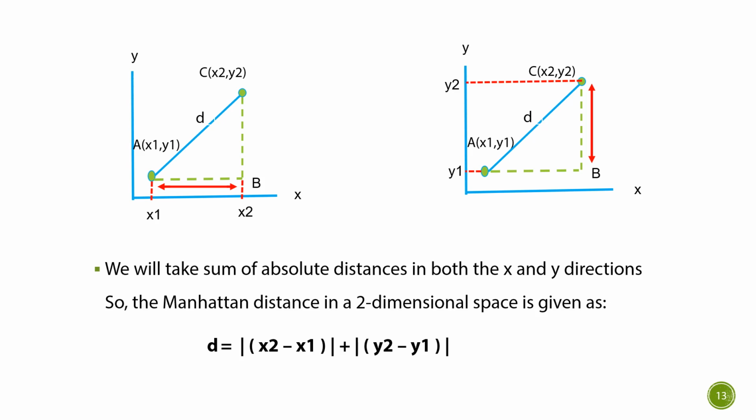Here we will take the sum of absolute distances in both the x and y directions. So the Manhattan distance in two-dimensional space is given as follows.